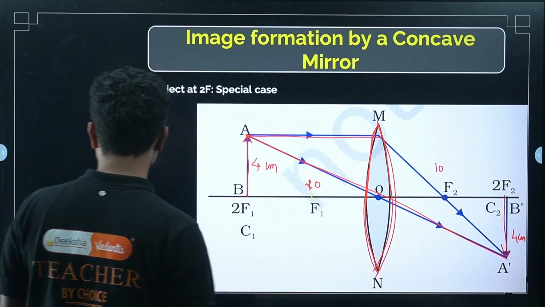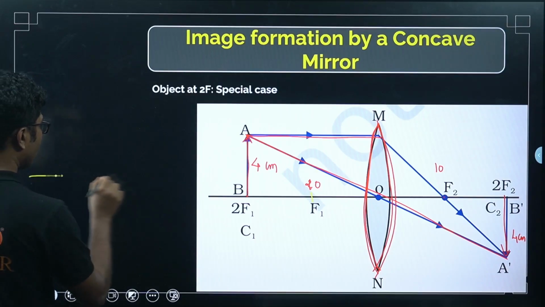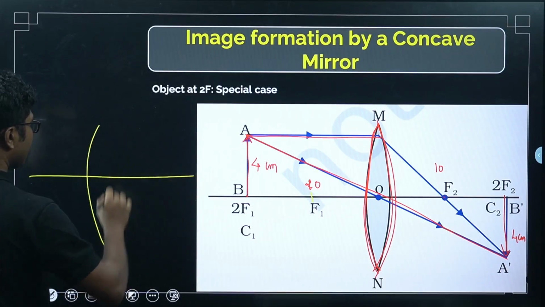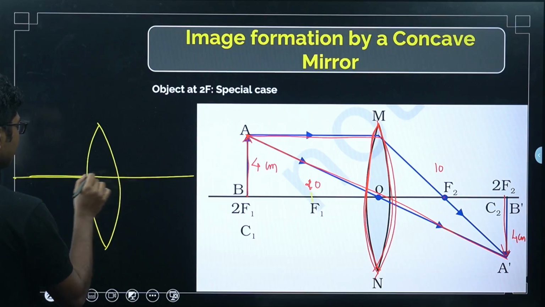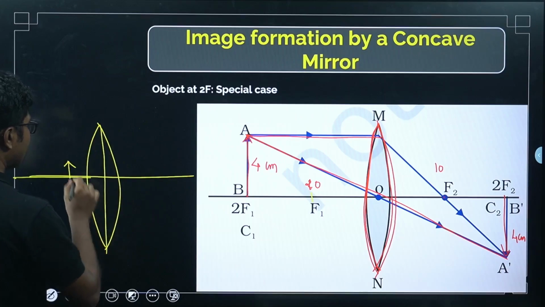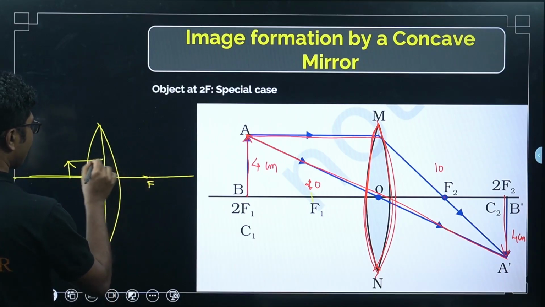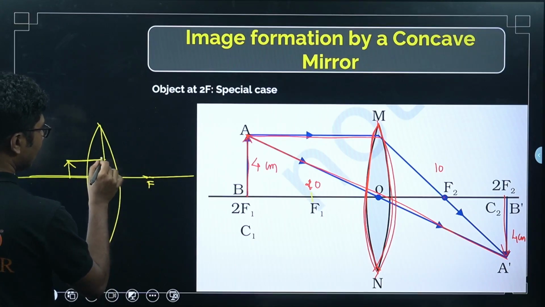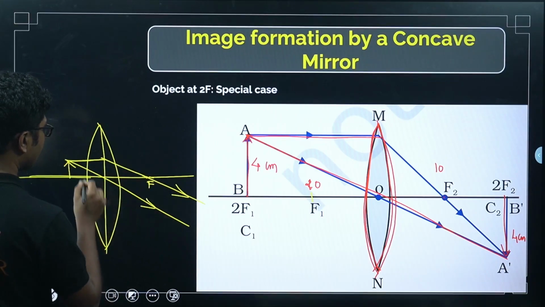Another very important diagram, which I already showed you partially, is when the object is at less than F distance, very close to the lens. Suppose this is the focal length. After passing, one ray goes through the focus and another through the optical center.